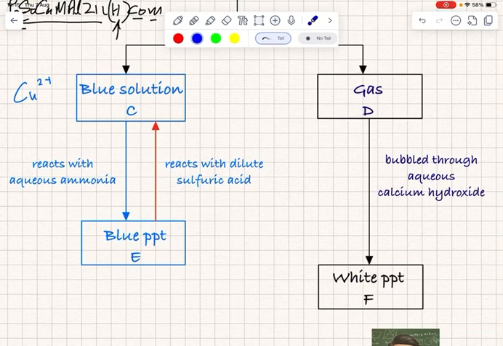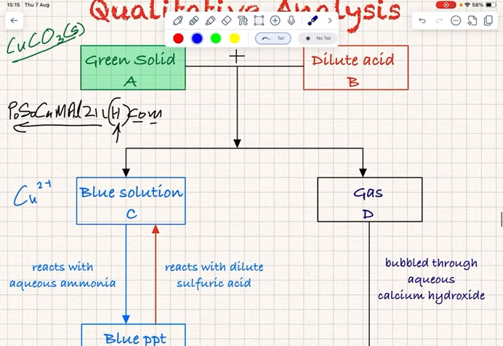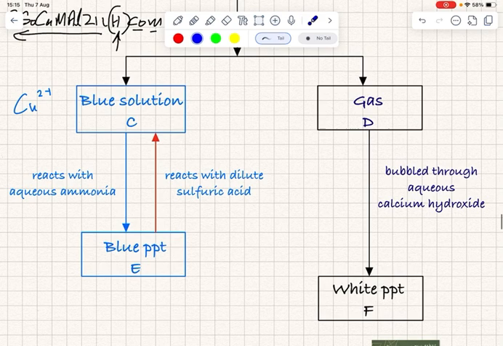So the green solid must contain copper, and this copper reacts with aqueous ammonia, turning into a blue precipitate.